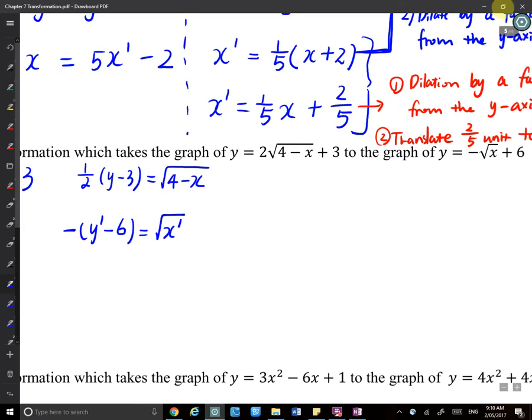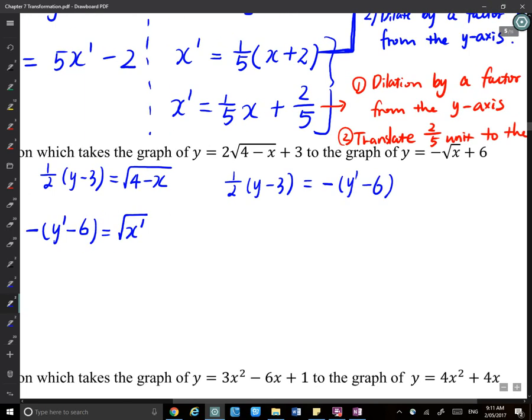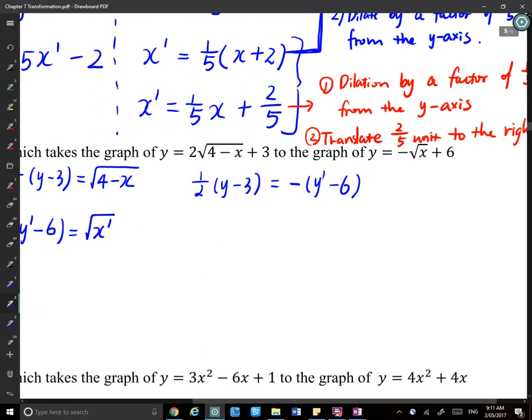So I will have a half y minus 3 equals minus y dash minus 6. I'll write the x side as well: 4 minus x equals x dash. Equalize both sides.